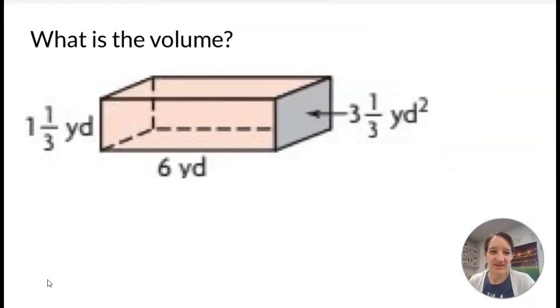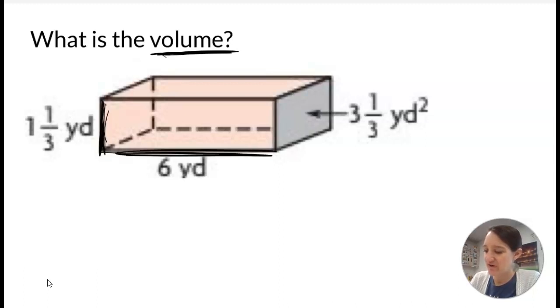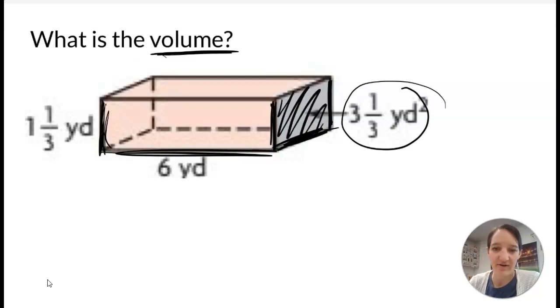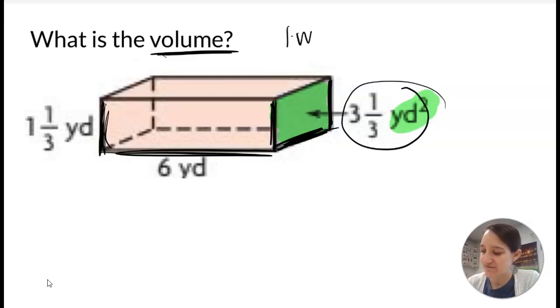All right, so here's another example where you need to find the volume. You have your height, you have your width, but then you have this, and this is not your height or your length or your width, is it? It's pointing to this gray part right here. Well, that is because that is your area. It is the yard squared. So they've already done the length and width part of the formula.